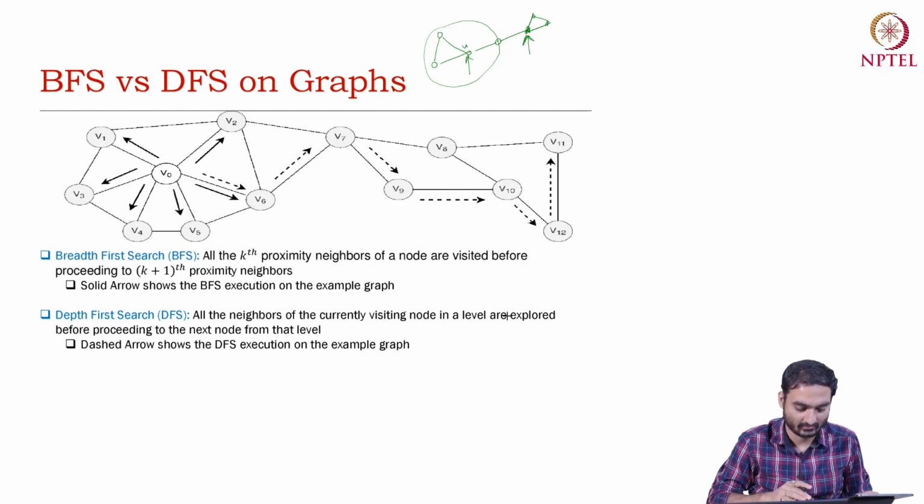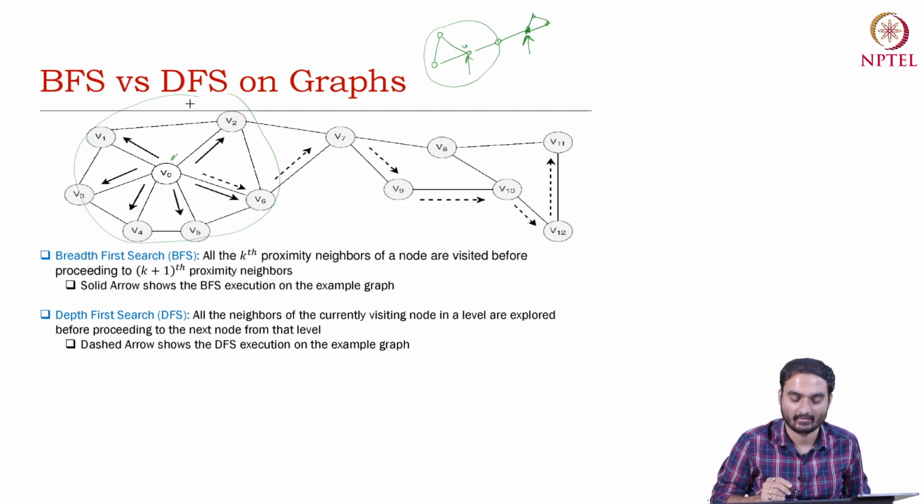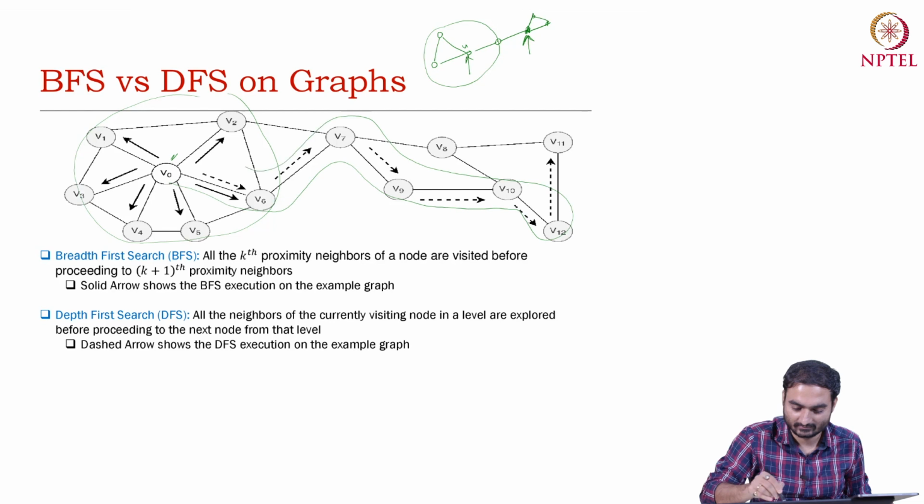You do it using BFS and DFS, breadth first search and depth first search. If you are not aware of BFS and DFS, you can go back and look at some data structure courses. If you do a BFS based random walk from this node, you should be able to capture these nodes. If you use DFS, you should be able to capture these nodes.